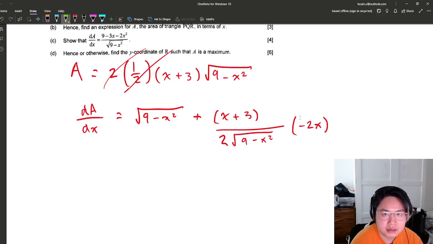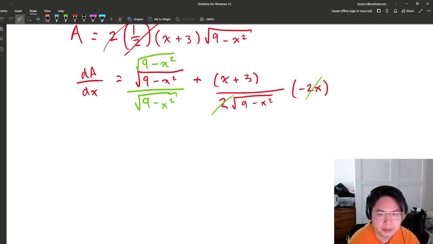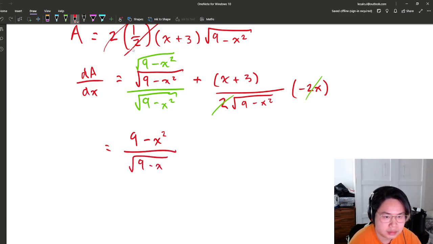okay, simplify, and I think they just want this all together. So this goes with that. And I need this to have a common denominator, so I'm going to multiply this by the square root of 9 minus x squared, and then that's nice for the numerator, because then the square roots will give me the whole thing in the numerator.